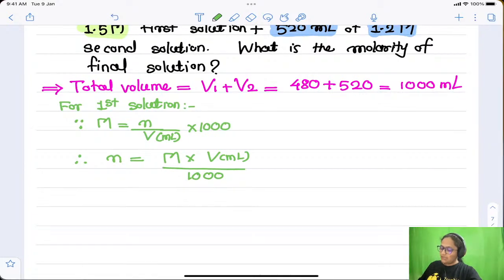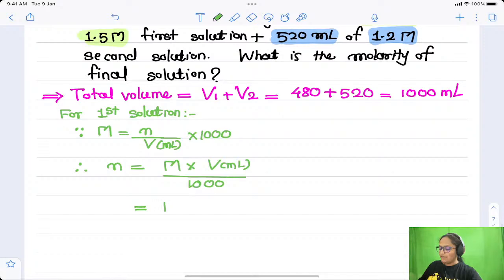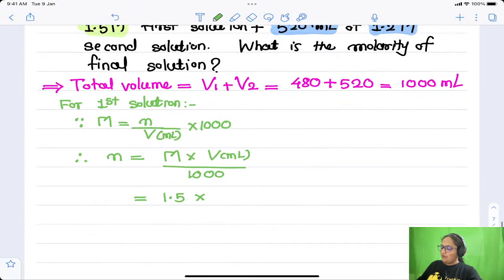So what is the molarity of the first solution? First solution molarity is 1.5. What is the volume in milliliters for the first solution? 480, divided by 1000. So this is the formula of number of moles. N1 is the number of moles of the first solution, M1 stands for the molarity of the first solution, V1 stands for the volume of the first solution.